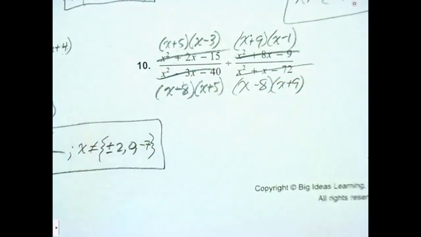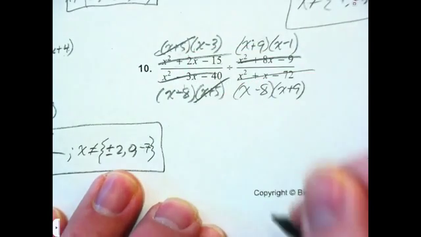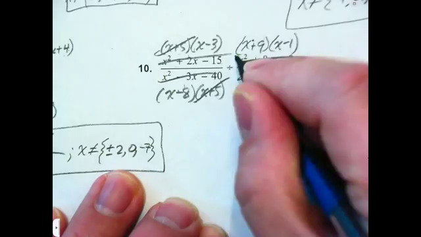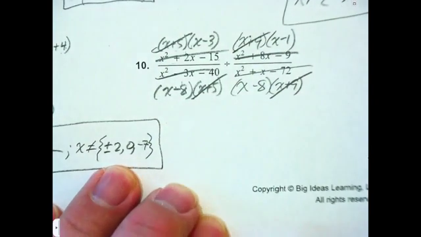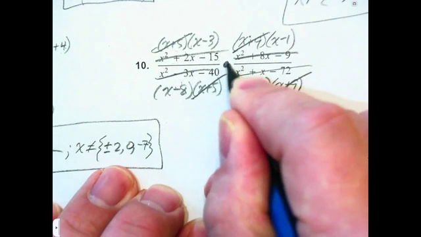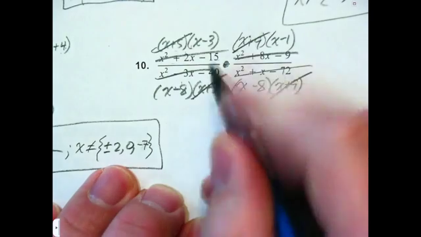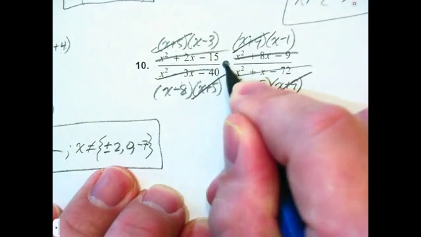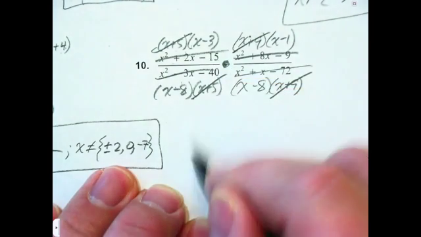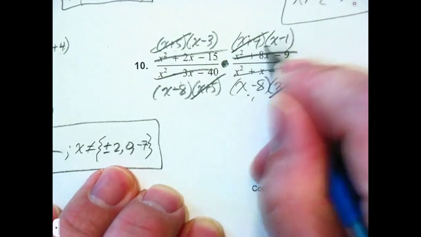I haven't flipped anything yet. Okay? So I'm going to reduce now. Reduce, reduce. Reduce, reduce. Okay? And now I'm flipping it. So I'm going to change that to multiplication. You guys get in the habit, if you're doing this, do not move anything until you actually physically write a multiplication sign there. Right after you do that, then move things. So the x minus 8 goes up, x minus 1 goes down.